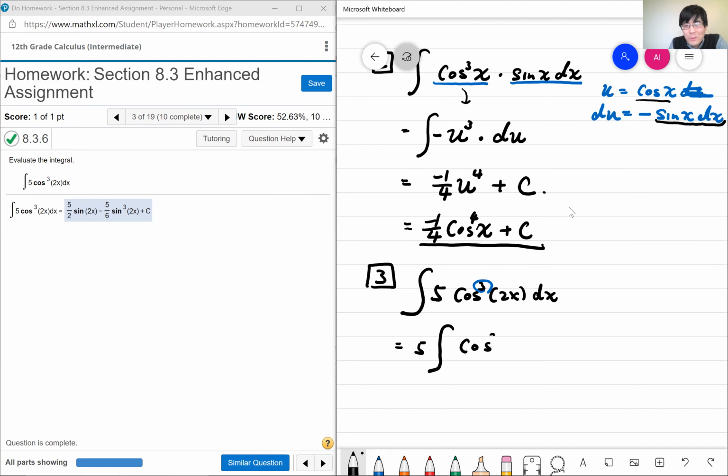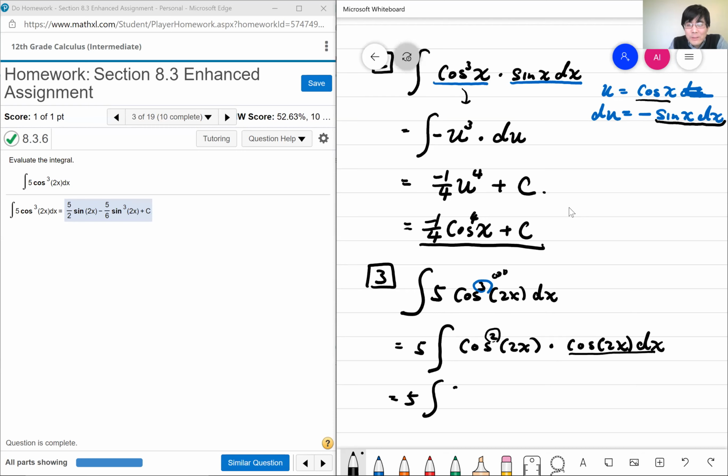First split into a single cosine and the rest. If this is odd, then you can take 1 out and you're going to get an even power here.